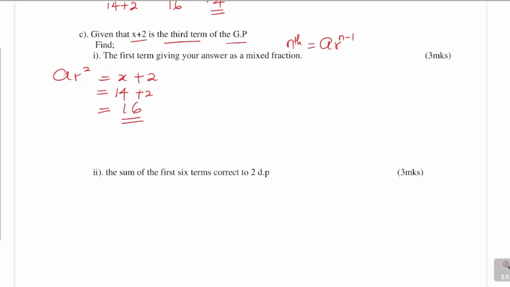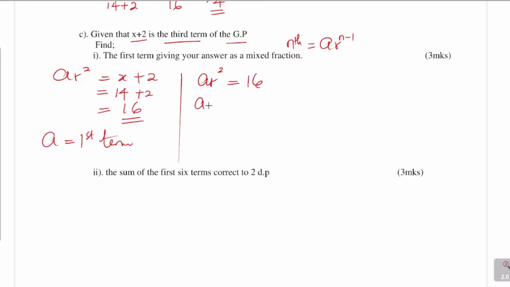So the third term is 16. So that one will help us to get the first term. The first term is a. Remember that a is the first term of the GP. So using that now, because we have the third term, which is a r squared, is equals to 16.